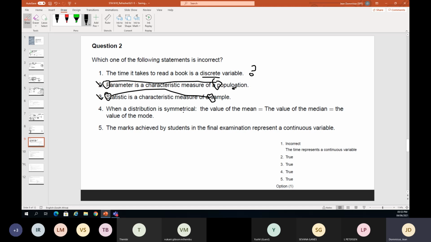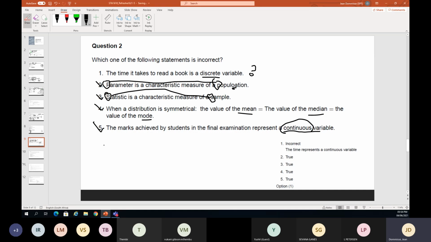When a distribution is symmetrical, the value of a mean, the value of a median, and the value of a mode are all equal, correct. The marks achieved by students in the final examination presents a continuous variable, correct. Remember here why it's continuous.